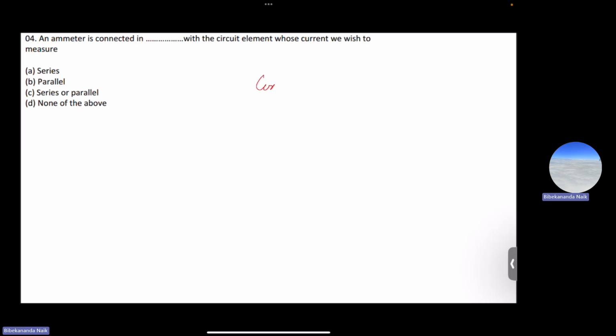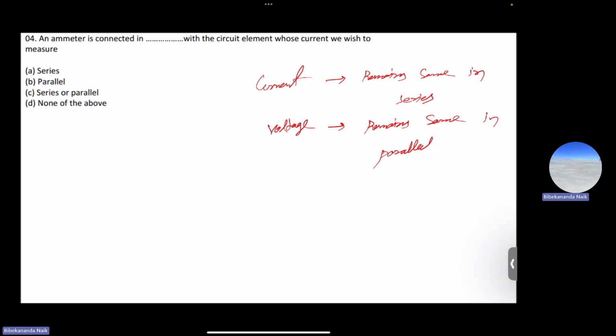Now question number 4: an ammeter is connected in dash with the circuit element whose current we wish to measure. So we know in case of an electrical circuit, current remains the same in series, voltage remains the same in parallel connection.